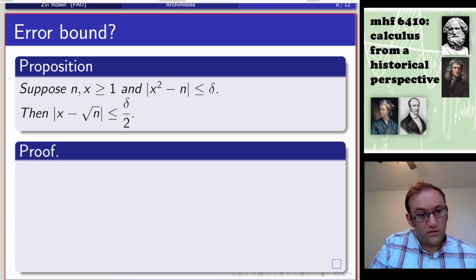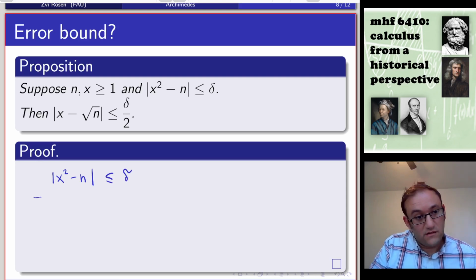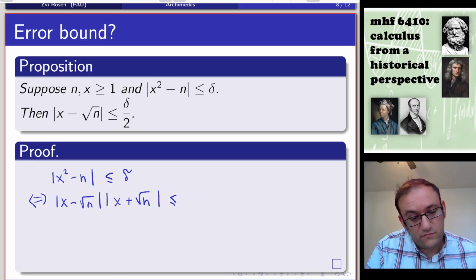The argument goes that if x squared minus n is less than or equal to delta, well, this can be factored as a difference of squares. This is equivalent to saying x minus root n times x plus root n is less than or equal to delta.